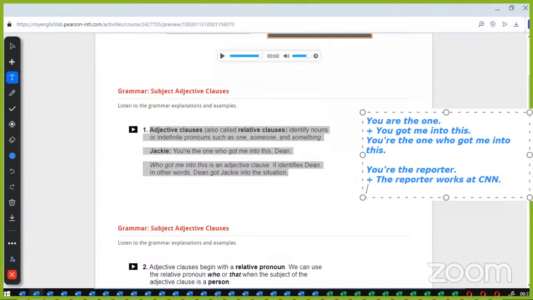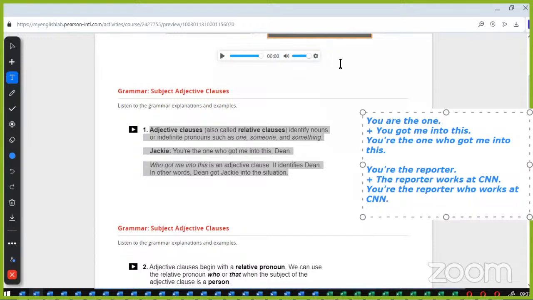So the first one would be, you're the one, oh, sorry. You're the reporter who works at CNN. Yes. You're the reporter who works at CNN.